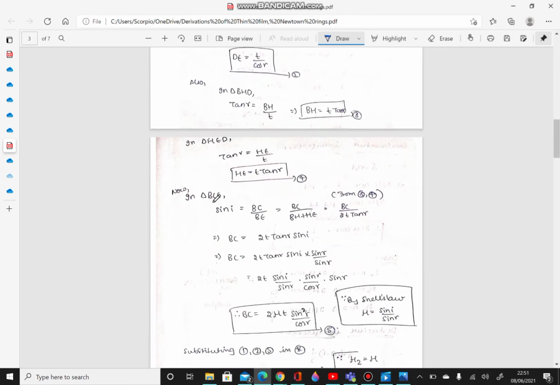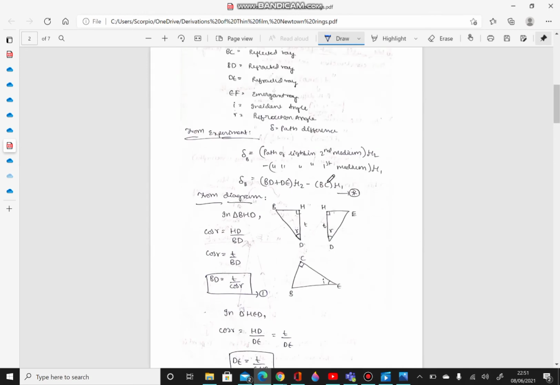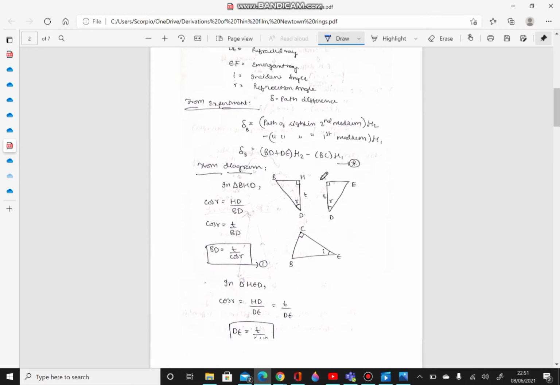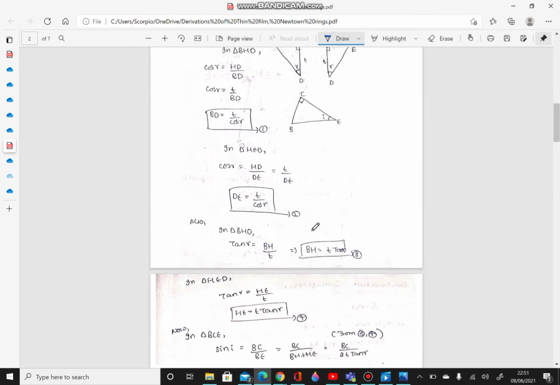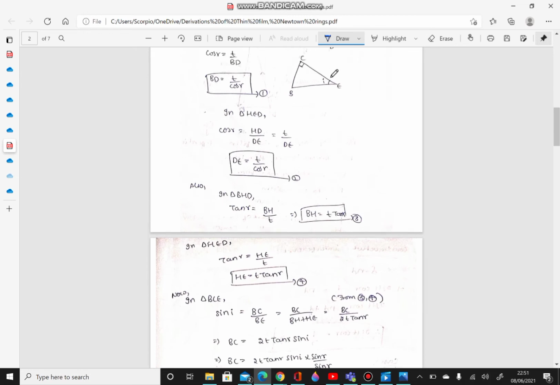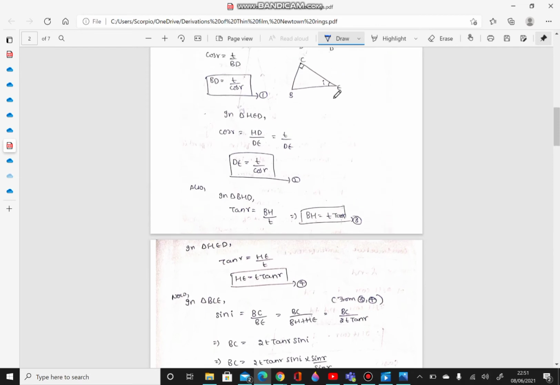So now, in order to find the other unknown in this path difference formula, that is BC, we're going to consider the triangle BCE, which we drew in the rarer medium in our diagram. We have also seen that i is the angle of incidence due to the proportionality law.